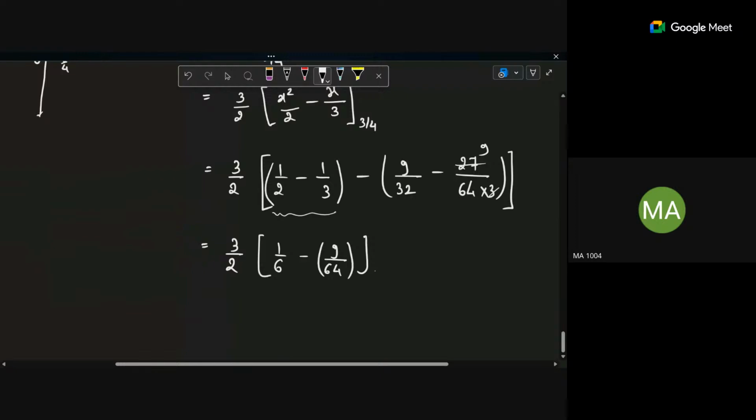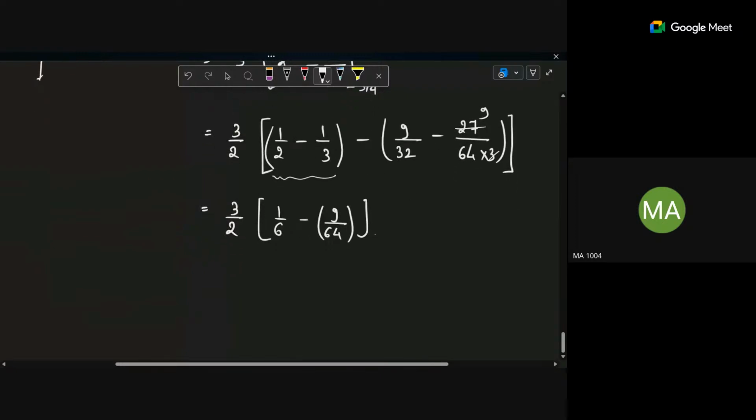Then the final will be, is it 5 by 32? Ma'am, 5 upon 128. You got 128. And after doing the subtraction in between, we got 5 upon 192. Just a minute.